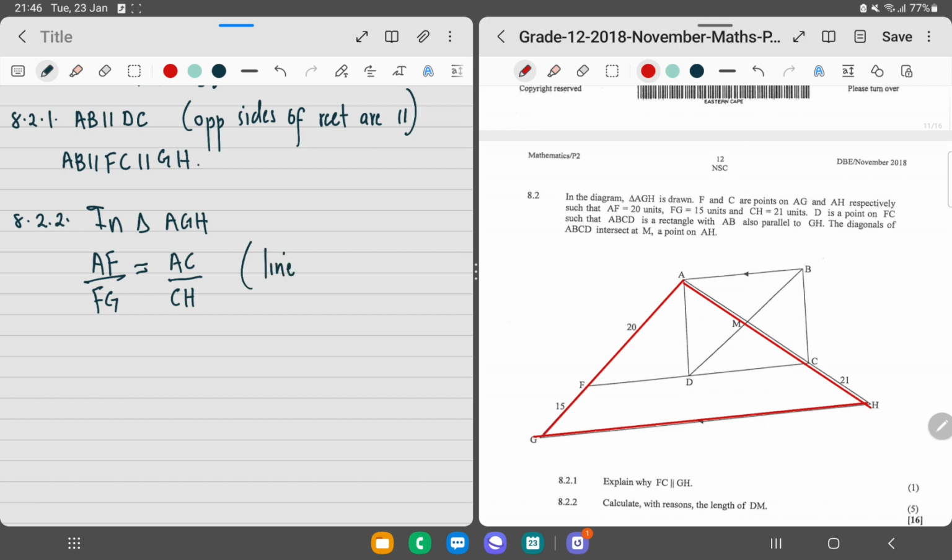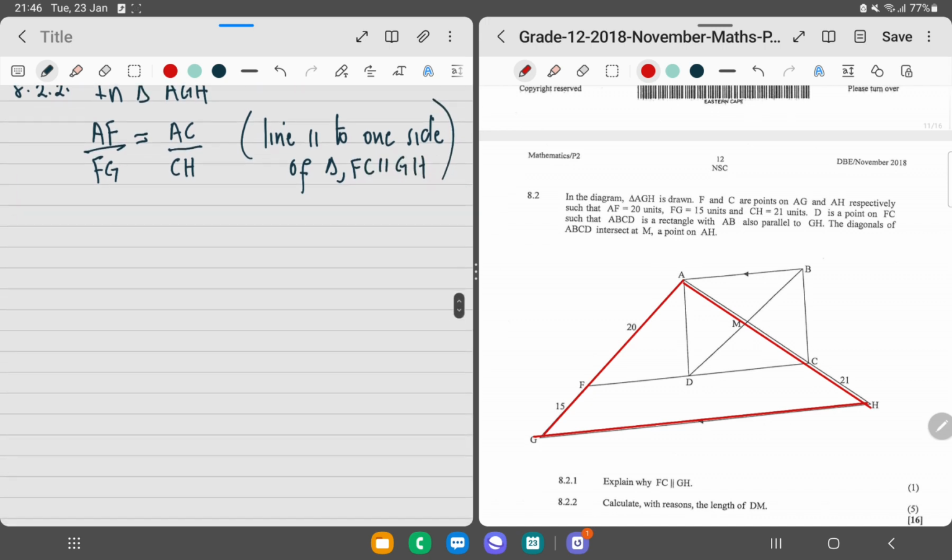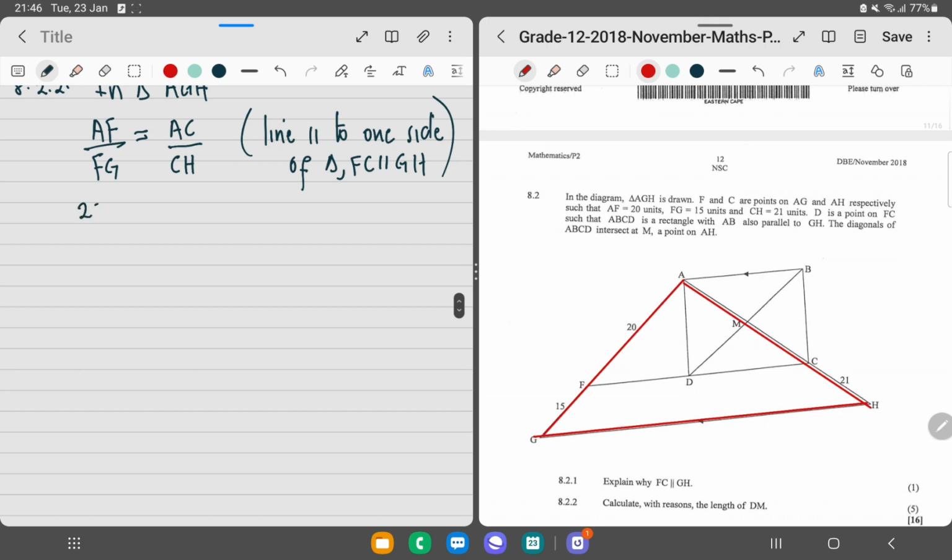This is because of the line parallel to one side of a triangle, and that's FC, which is parallel to GH. AF is 20, FG is 15, AC, that's what I'm looking for, 21. So AC is equal to 20 times 21 over 15.